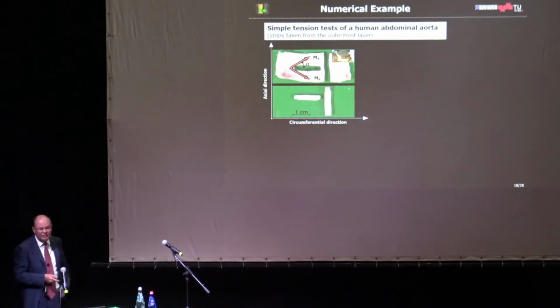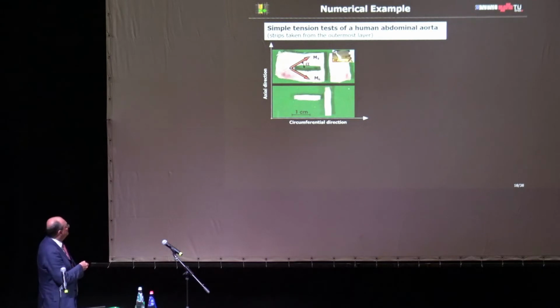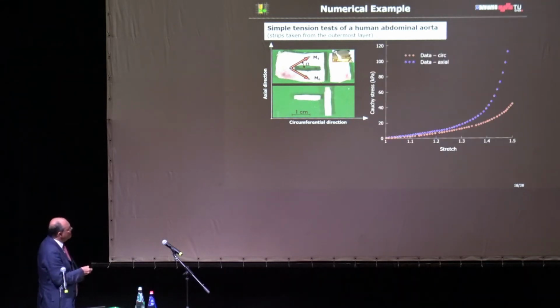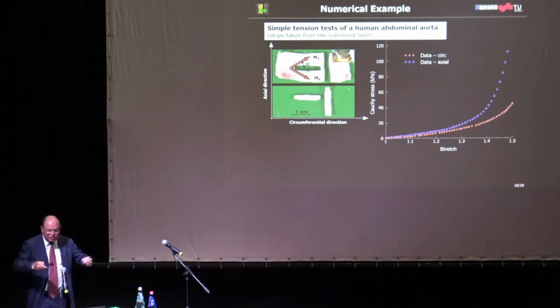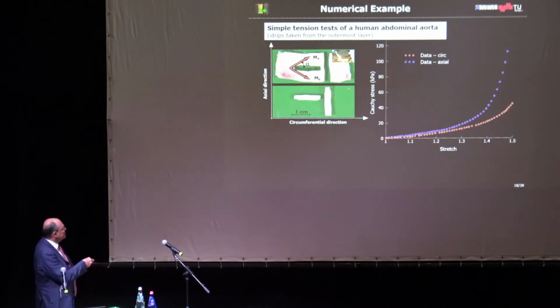Let me do an example. So we have here the outermost layer of an abdominal aorta, a human abdominal aorta, and we were cutting out a piece of tissue in axial direction. You see that here. This is the axial direction, and this is the circumferential direction. And then we did some tests. We just stretched it up, and you see here the Cauchy stress versus the stretch.